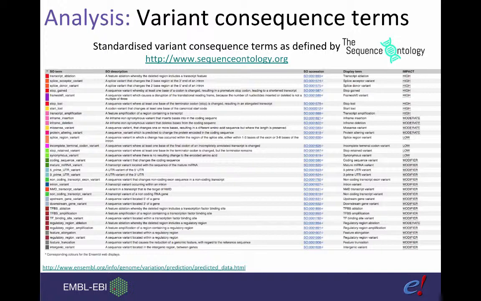Typically the reds, oranges, and yellows, these danger colors, represent variant consequences that are predicted to be particularly bad or damaging to the function of the gene. The greens and blues are perhaps less serious consequences, such as a synonymous variant, which is a change within the coding sequence of a gene but doesn't change the actual protein sequence, so we would predict that to not be particularly significant for gene function, for example.